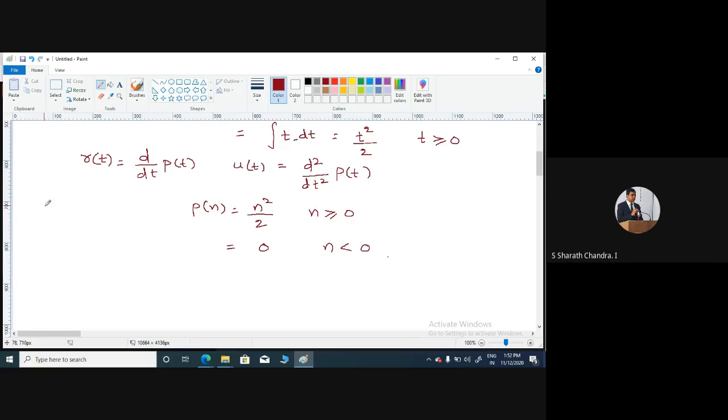When you consider the discrete time version of this sequence, at 0 it is 0, at 1 it is equal to 1 by 2, at 2 it is equal to 2 itself, at 3 it is equal to 4.5, and so on. Therefore, the locus of all these points represents a parabolic function, and you could see this is your p of n for various values of n.